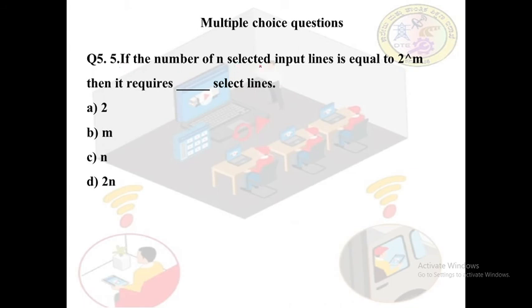When the number of input lines is equal to 2 power m, it requires m select lines. So 2 power m is the number of input lines, and m is the number of select lines. It is a direct question. Option B is the right answer.